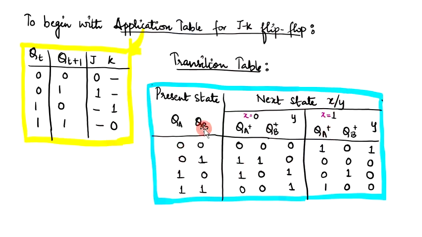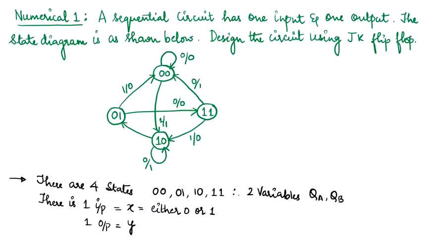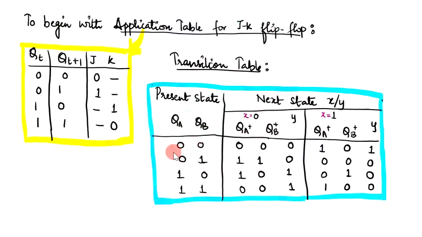If you see the state diagram, you are at 00 and the input is 0, output will be 0, and you are going to have a transition to 00. You are at 00, input X is 0, Q plus will be 00, output is 0.